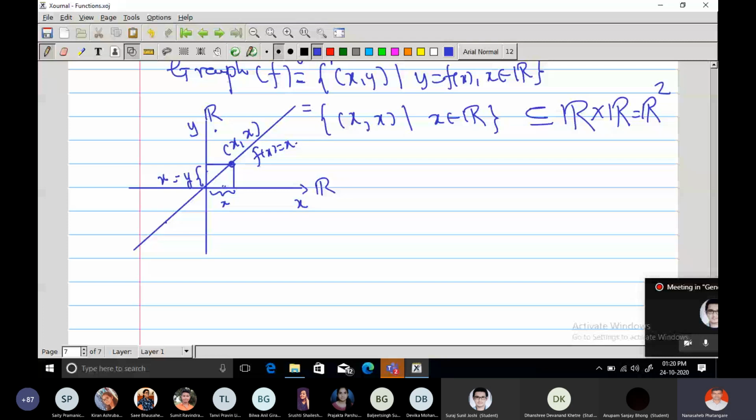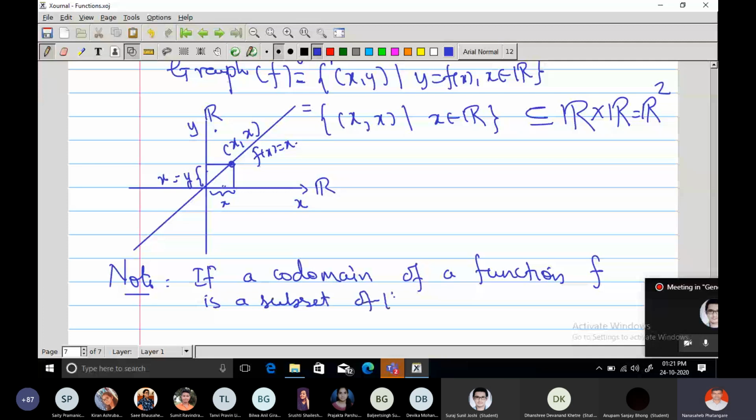Now note here, if the codomain of a function f is a subset of R, then what can you say about the values of the function?